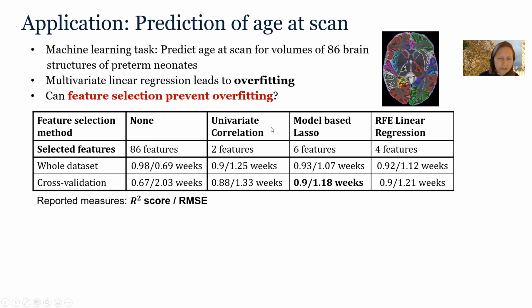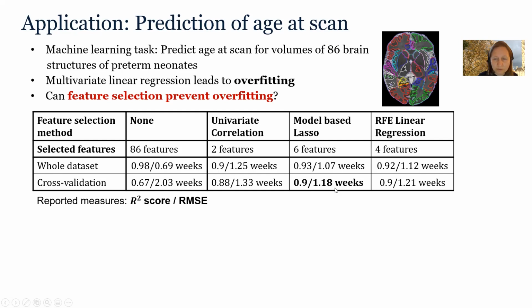Then there is the univariate feature selection using correlation coefficient, and here the best performance was achieved for 2 features, and you see that overfitting was greatly reduced. Then a model-based feature selection using lasso resulted in best performance with 6 features, and this resulted even in better performance.